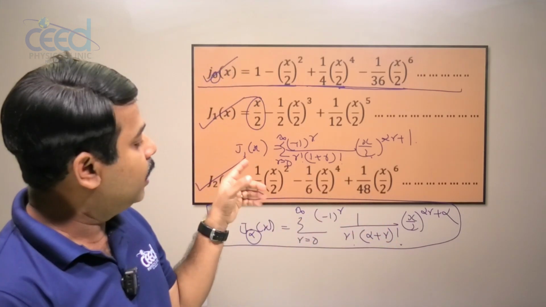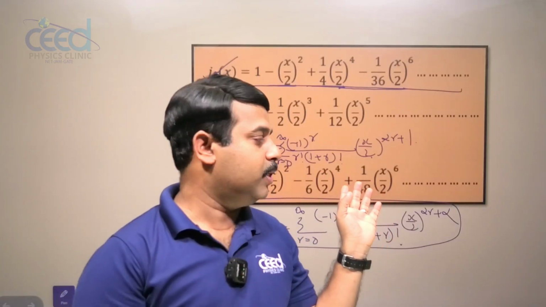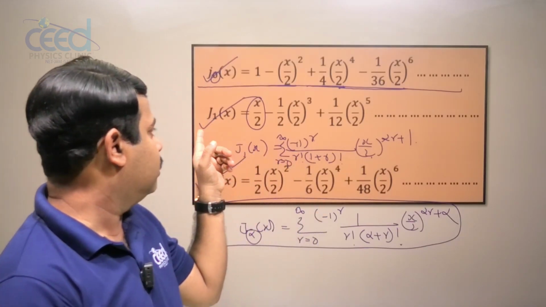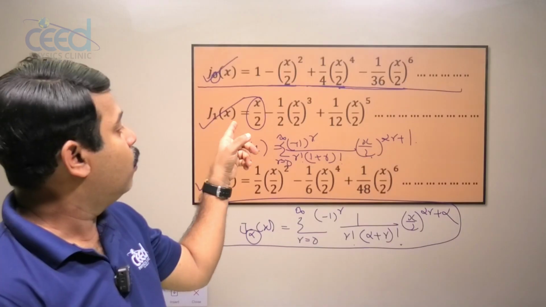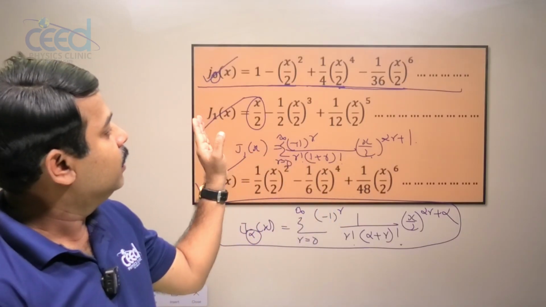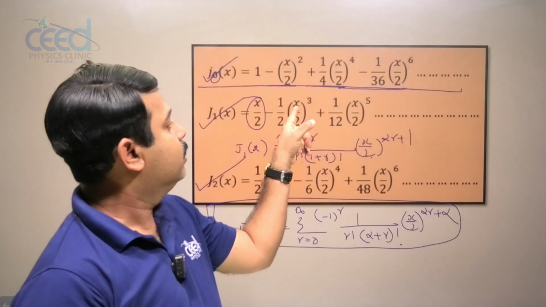Why? Because in a previous NET examination, they directly asked the J1 of x value. They asked J1 of 0, and the answer is 0 because every term has the x value.